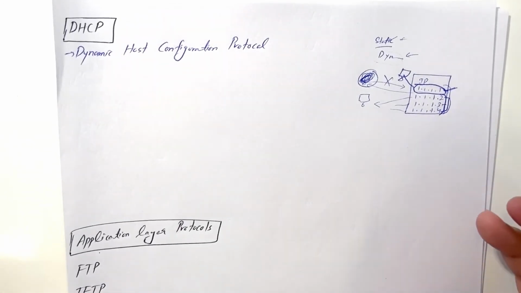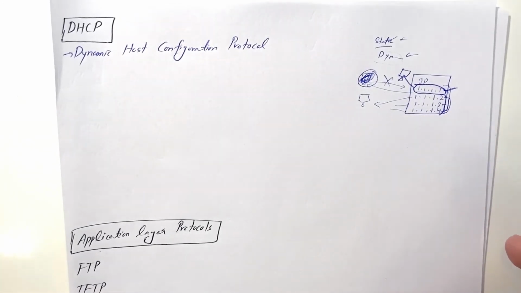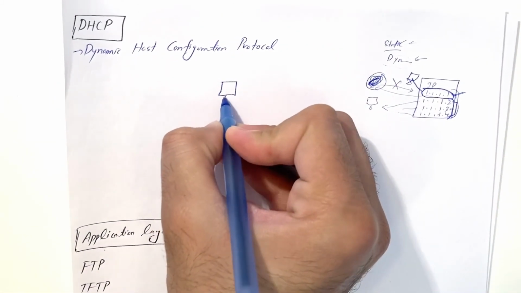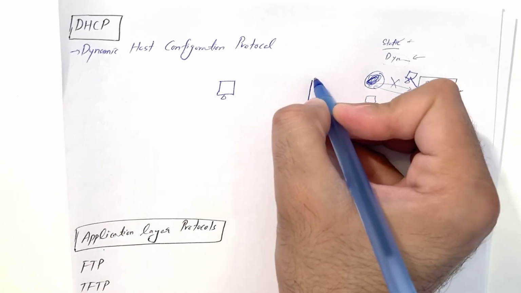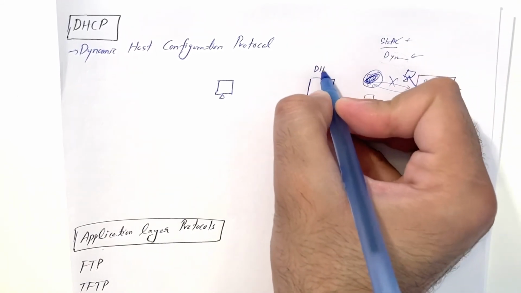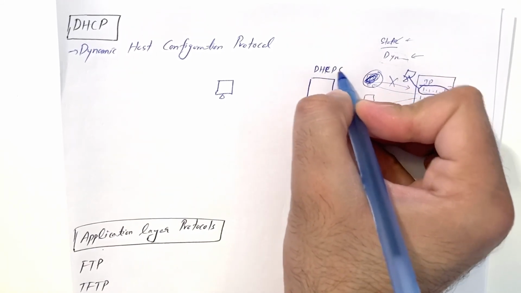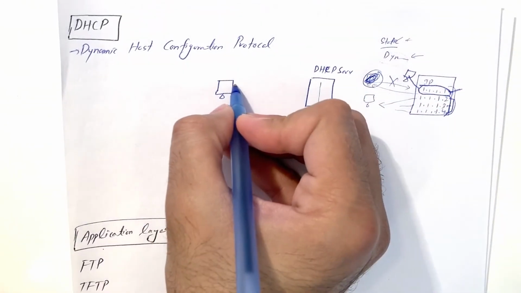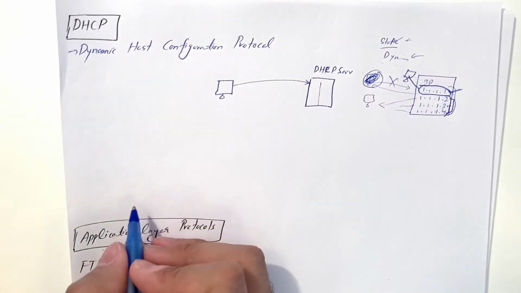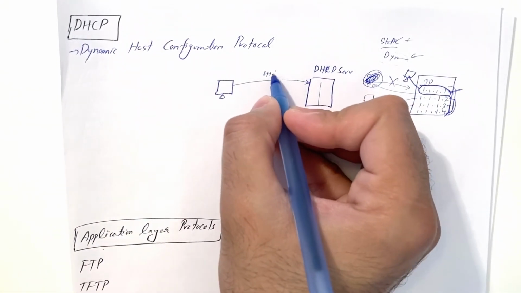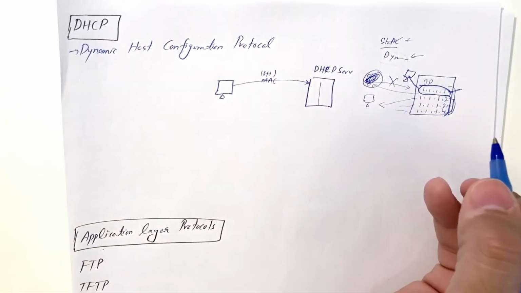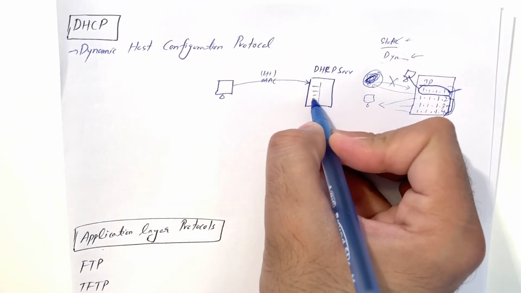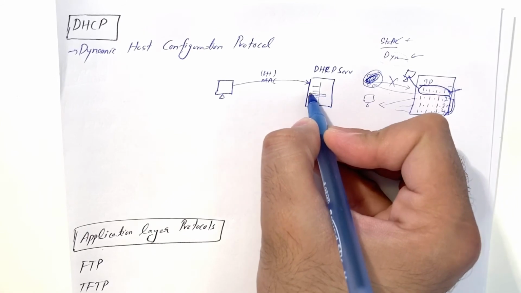But in a local area network, we mainly use Dynamic Host Configuration Protocol. What is that? Let's say you just join a network. There is a DHCP server, and that server has plenty of IP addresses. When you join the network, you reach out to the DHCP server and say, hey, hi, that's my MAC address, can I get an IP address so I can start using the internet? The DHCP server will look into its IP addresses and see if there is a free one.